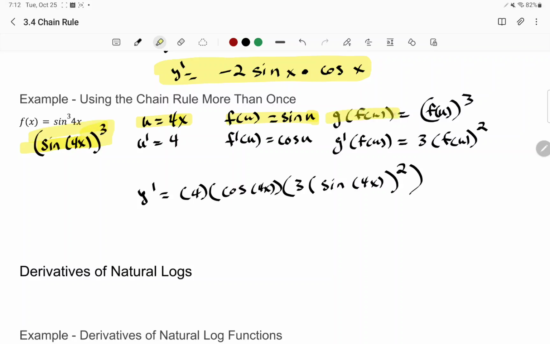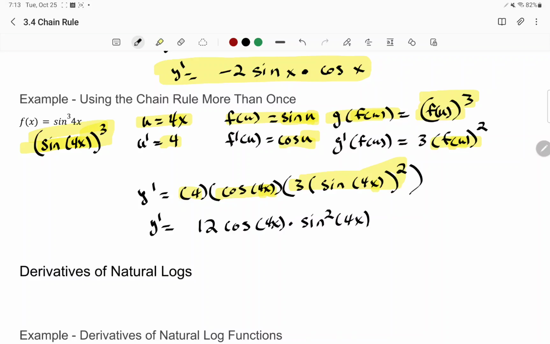And I said that that's your g function with your f of u function, which is your sine of u function inside. And so it's just f of u to the third power. And I went ahead and found the derivative of all of those and multiplied all of those together, plugging the u back into what was substituted in for them originally. Then this is what I have. And then from here, you might be able to simplify it a little bit further.